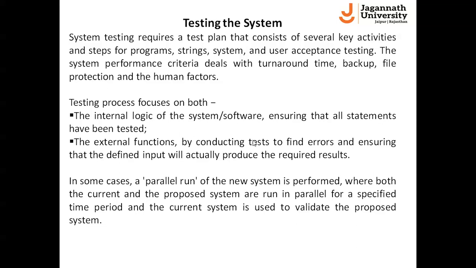Testing process focuses on both the internal logic of the system software, ensuring that all statements have been tested, and the external functions, by conducting tests to find errors and ensuring that the defined input will actually produce the required results. In some cases, a parallel run of the new system is performed, where both the current and the proposed system are run in parallel for a specified time period, and the current system is used to validate the proposed system.